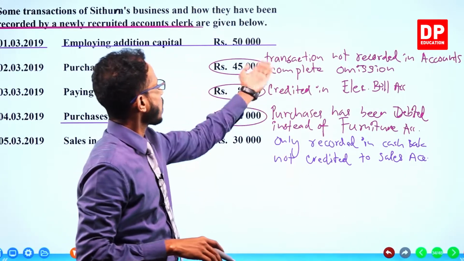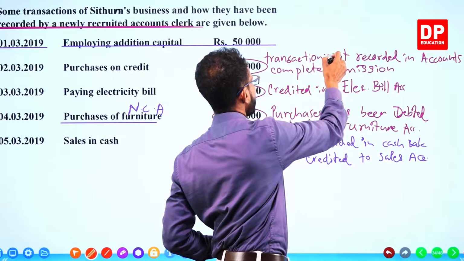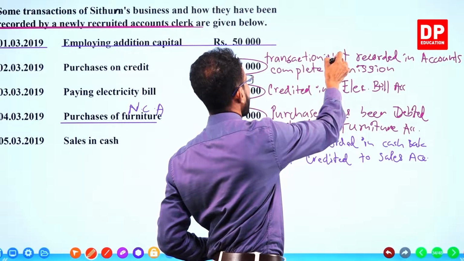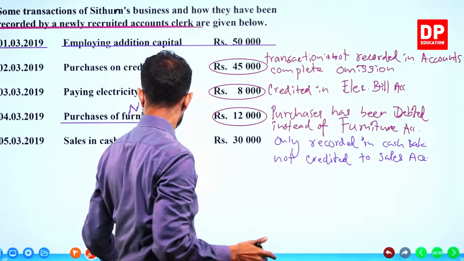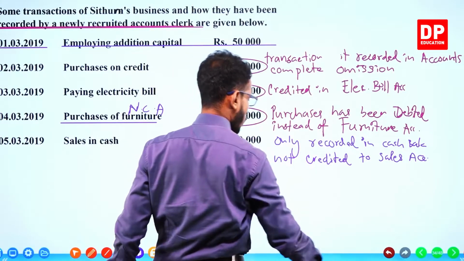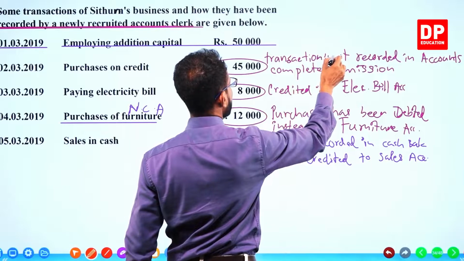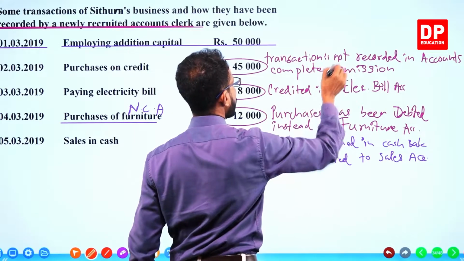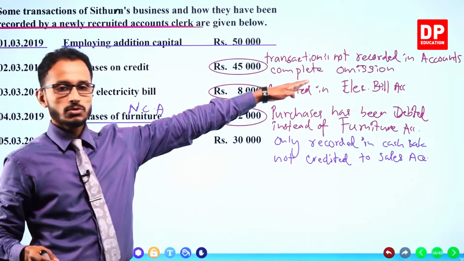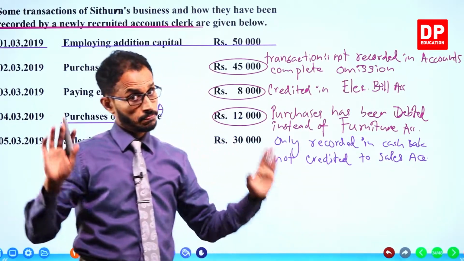Either you write transaction is not recorded in accounts, or you write complete omission of transaction.